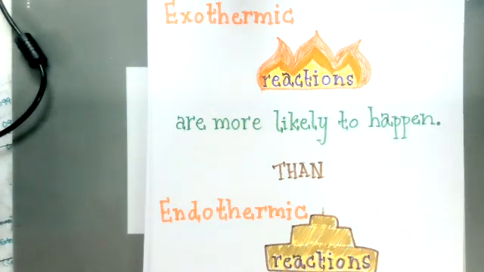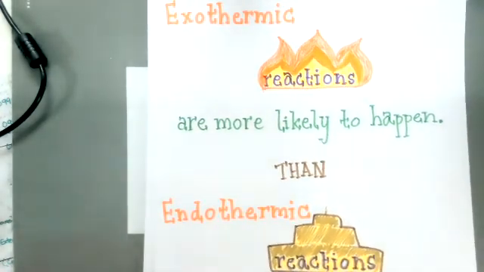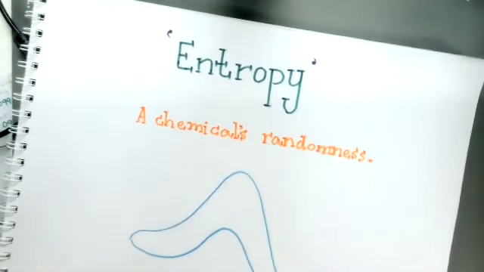The cake is not very reactive, but the substances that made it were, because they can go bad. Cake is not that likely to go bad. So just think of exothermic reactions as fire and endothermic reactions as baking a cake. And the exothermic reactions are easier. Okay, now I want to talk about entropy.